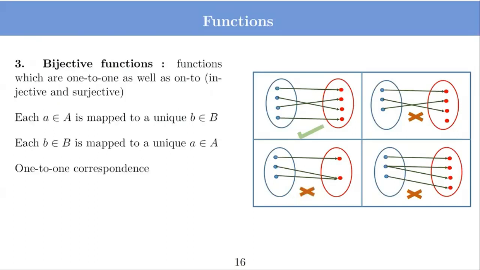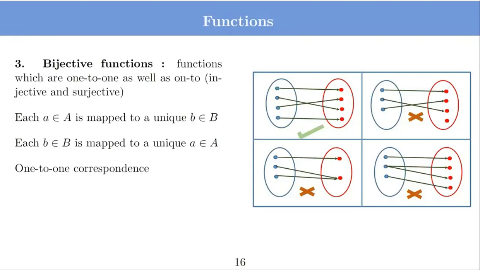Now combining onto functions and one-to-one functions, there is one class which is called bijective functions. These are functions which are both one-to-one and onto. This means that all elements of B should be covered, and also every element of B should be uniquely paired with A. And from the function definition, you already know that every element of A should be covered and every element of A should be uniquely mapped.